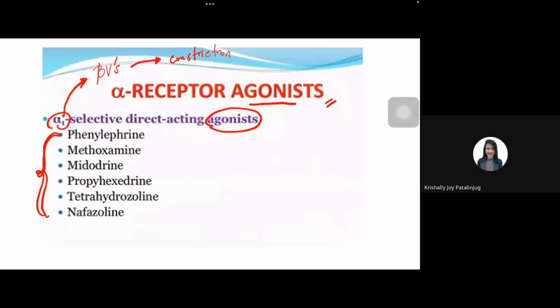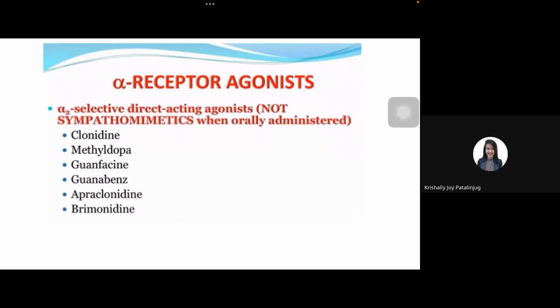Next. We also have alpha 2 selective direct acting agonists. We have the following: clonidine, methyldopa, guanfacine, guanabenz. Particularly yung first four, they activate the presynaptic alpha 2 receptor.